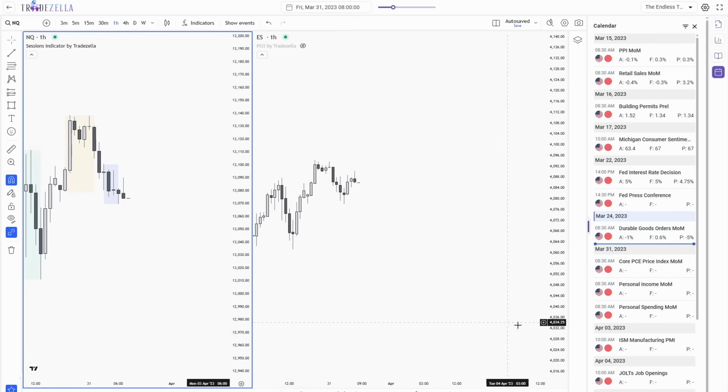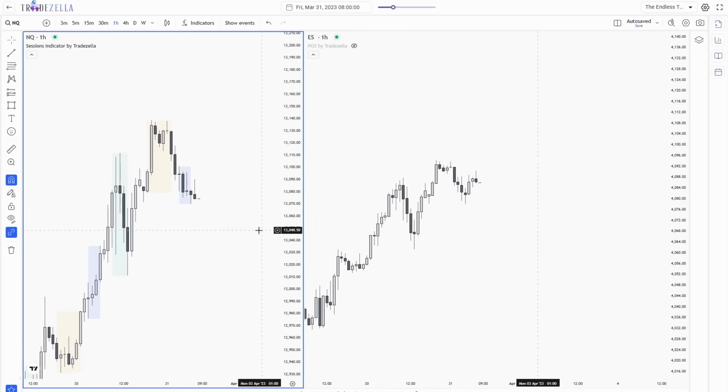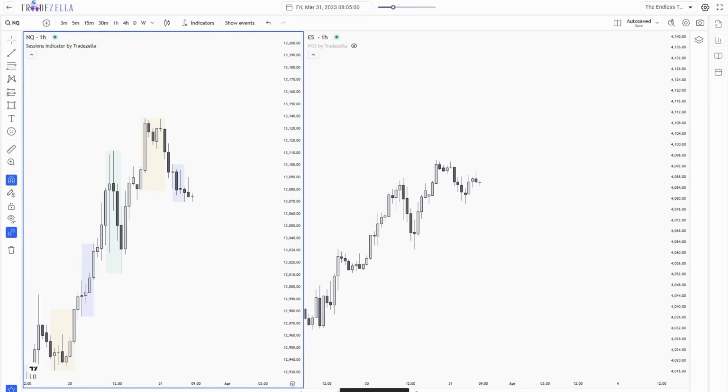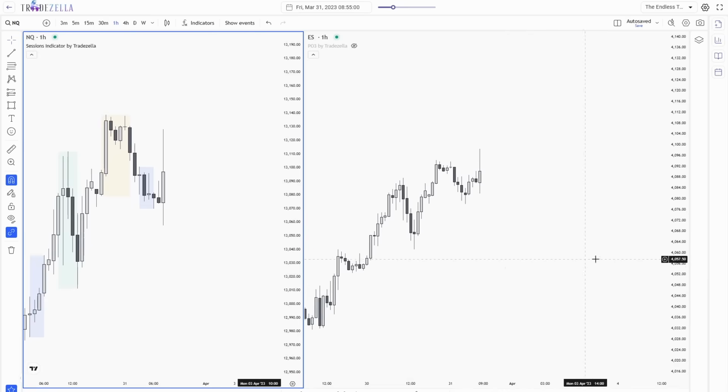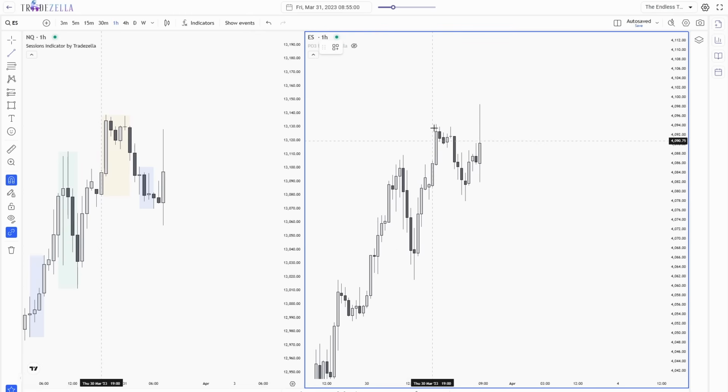This is 31st of March. We have core PCE index, PPI, and core PCE index. Let's see. And now we have manipulated the daily high on the ES, and on the NQ we are creating SMT divergence.